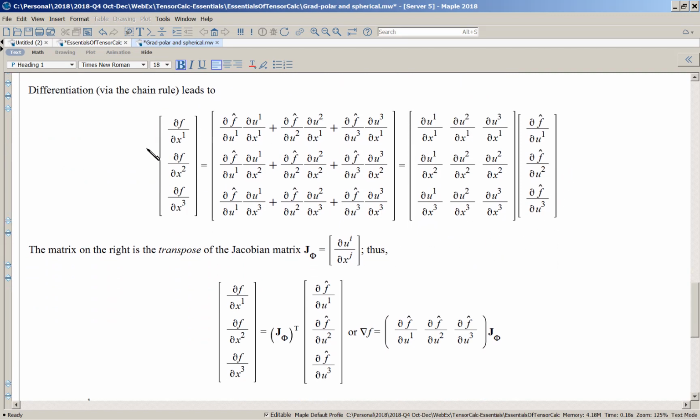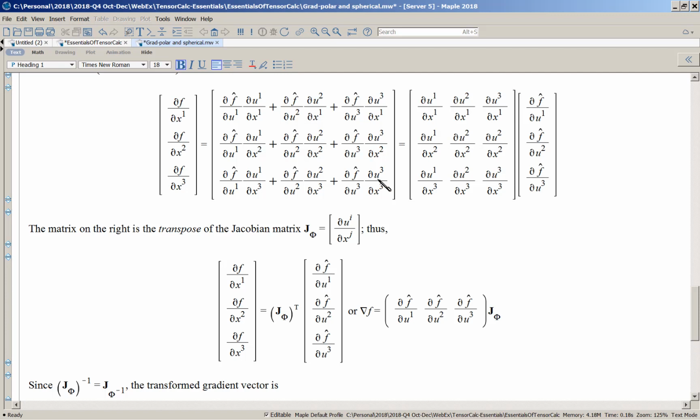So let's transpose this. This that we want to transpose is a column vector, it is J phi transpose times a vector. If you transpose, you will get the gradient vector expressed as a row vector.